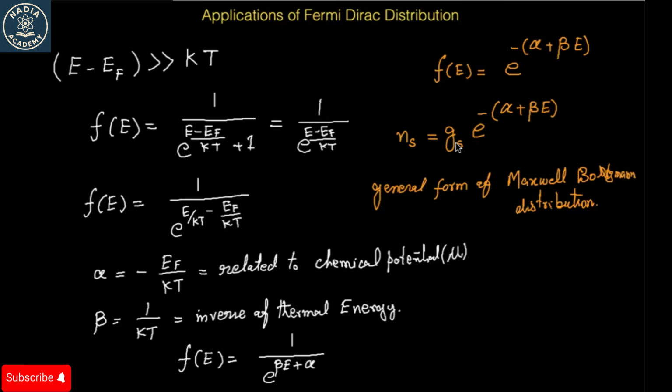So this is a very simple and general form of the Maxwell distribution function. And the main objective of today's lesson was to understand a few simple derivations related to the Fermi function and its connection with the Maxwell-Boltzmann distribution.